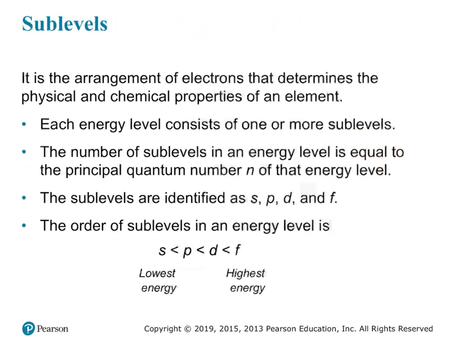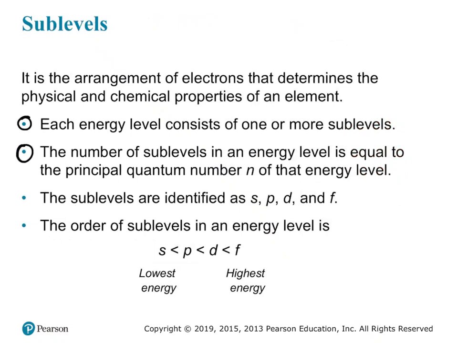Okay, so now that we know about energy levels, let's talk about sublevels. So sublevels exist within energy levels. We're going deeper into these energy levels here. Each energy level consists of one or more sublevels.